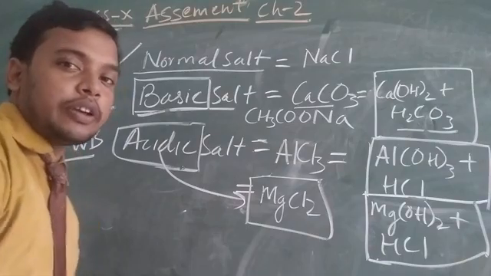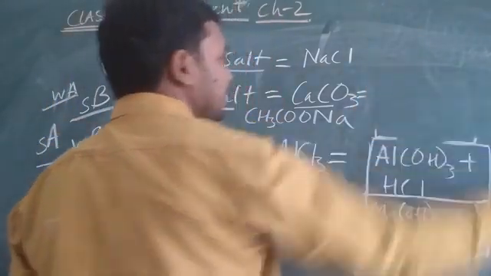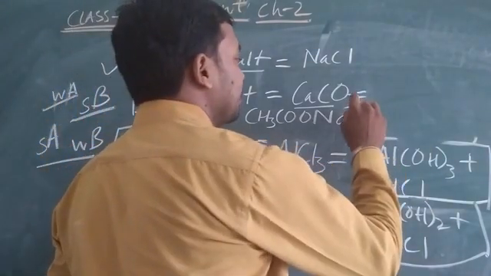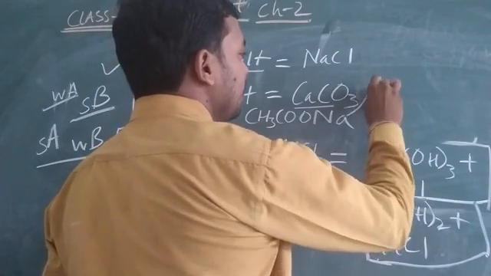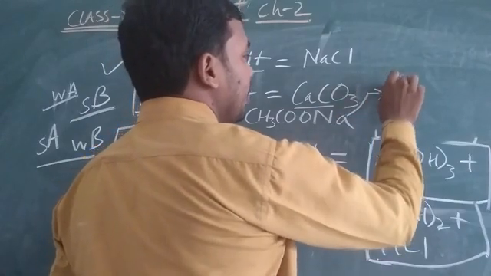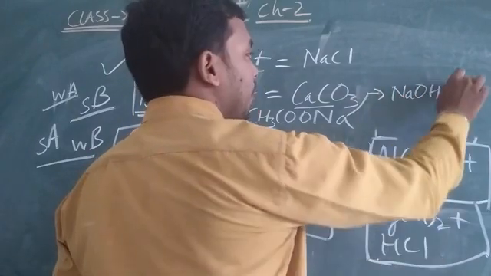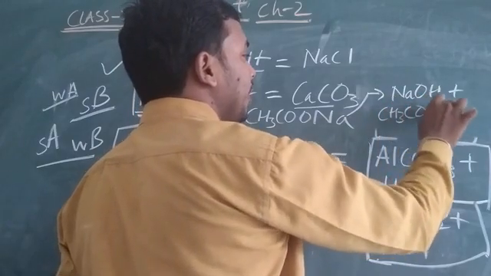Sodium acetate will form by the simple combination of acetic acid. This is sodium hydroxide, that is a strong base, plus CH3COOH.